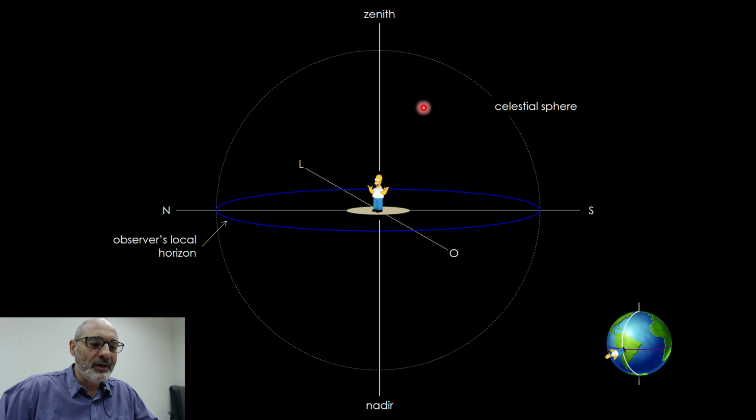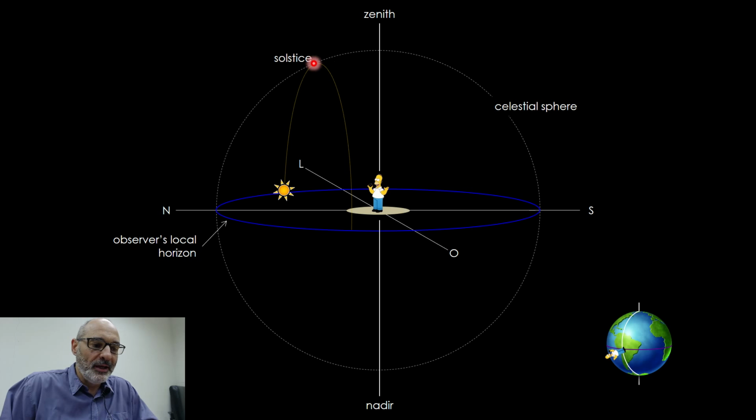The point on top of his head is the zenith, and below is the nadir. I have to give you these names because we're going to use them in our formulas. I'm trying to give you all the needed definitions.